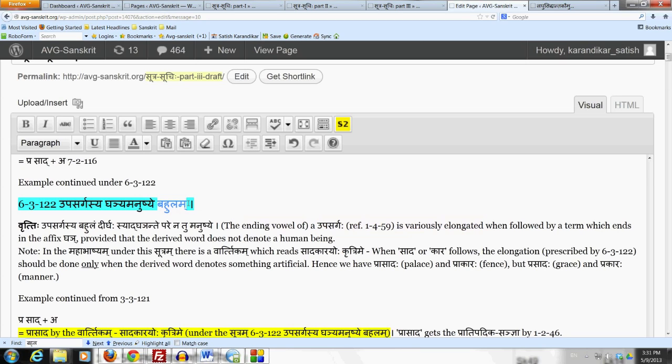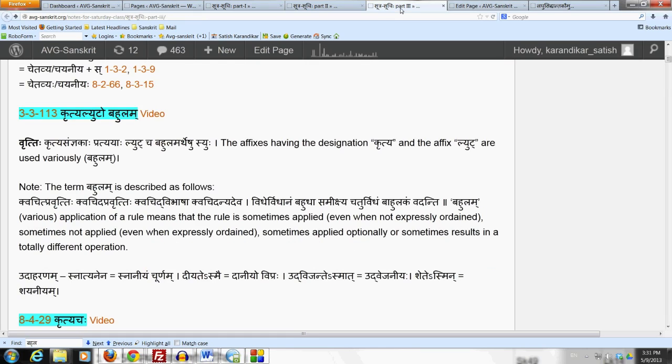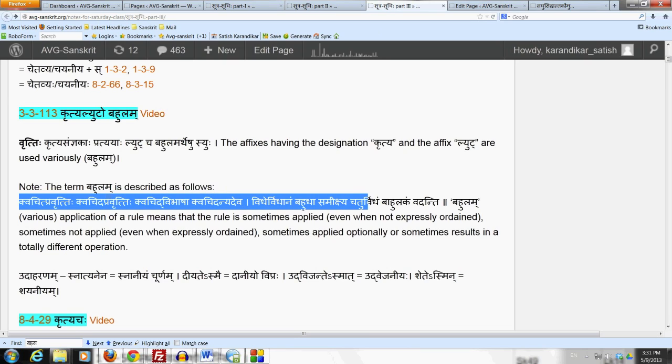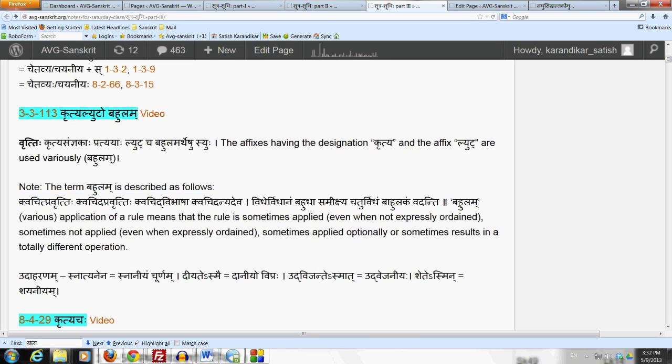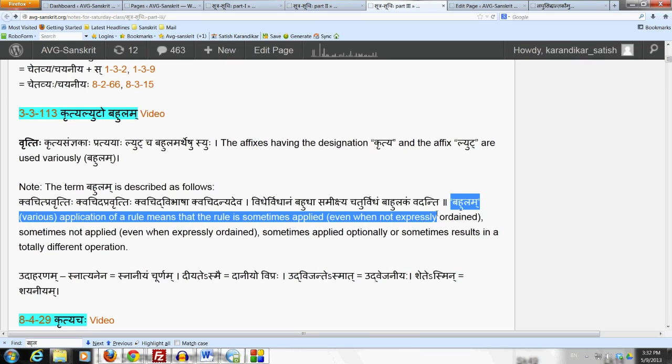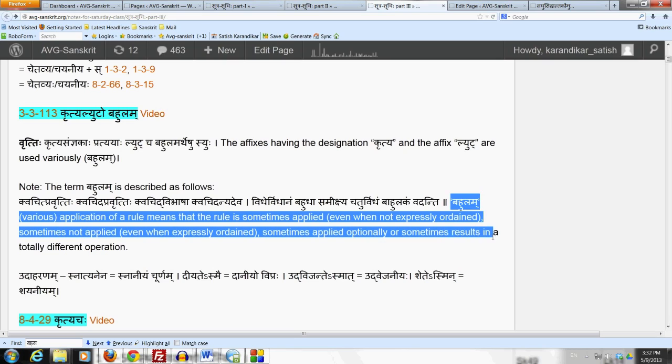That is the bahulam. Bahulam is a term we have encountered before, and it is defined as kvachit pravrittihi, kvachid apravrittihi, kvachid vibhasha, kvachid anyad eva, vidher vidhanam bahudha samiksha, chaturvidham bahulakam vadanti. So bahulam is the various application of a rule, meaning the rule is sometimes applied, sometimes not applied, sometimes applied optionally, or sometimes it results in a totally different operation.